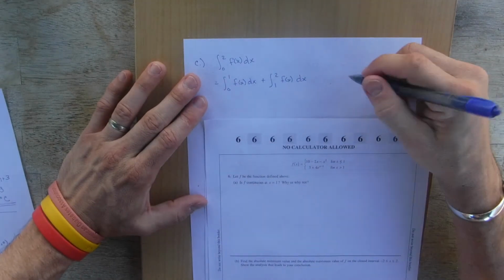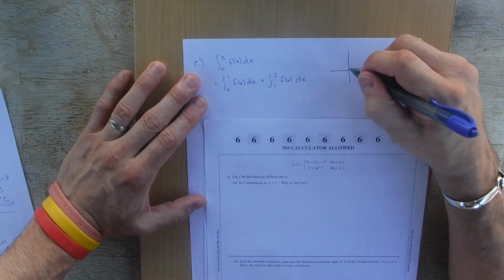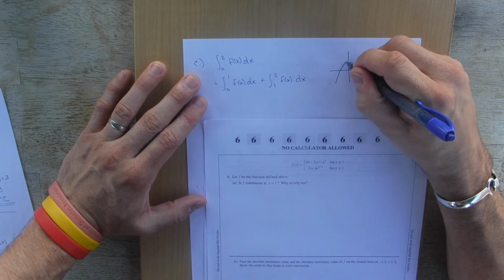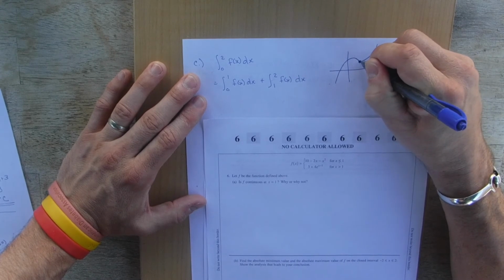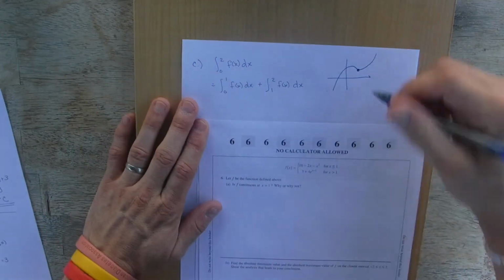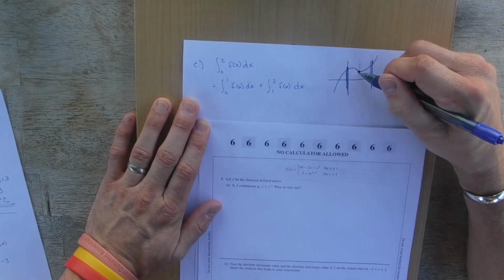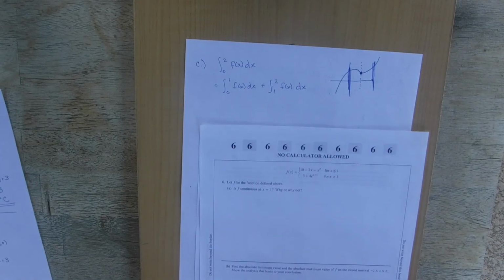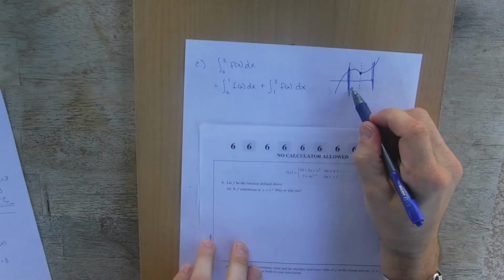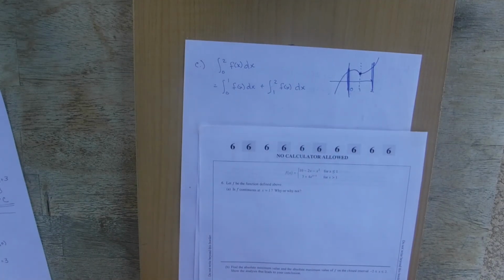So whatever this picture looks like, hypothetically it does something up to the number 1, and then it does something else from the number 1. Alright, so if I need to integrate from 0 to 2, it'd be logical to take it from 0 to 1 and then 1 to 2. That's just logical.